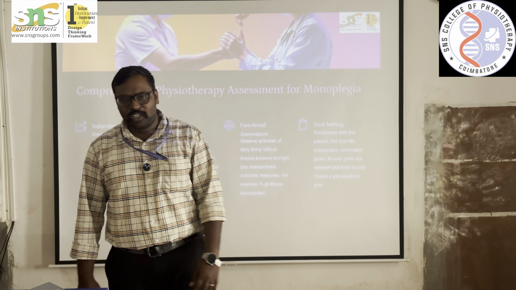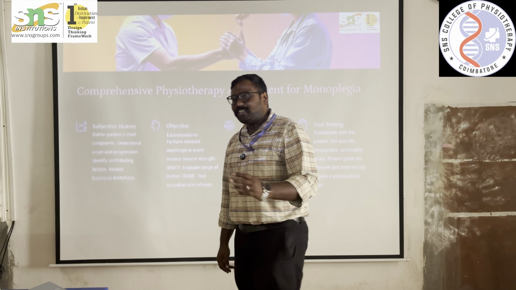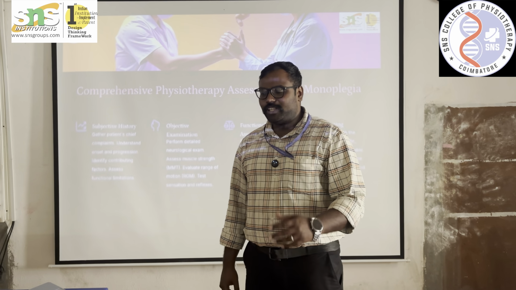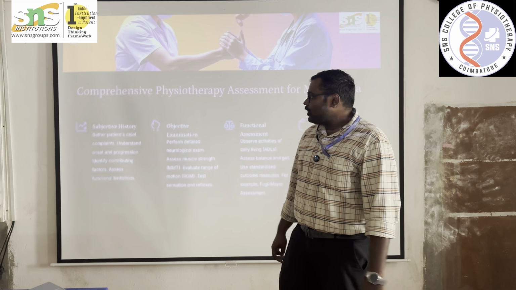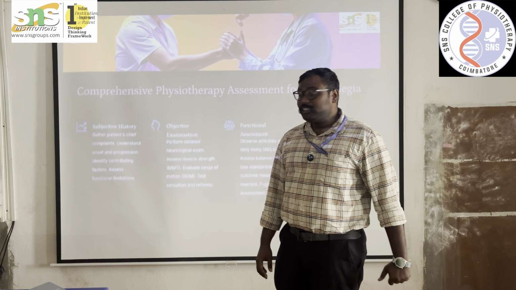Now going for the next one, the physiotherapy assessment for the monoplegia. So as we are taking this video and as we are learning for the physiotherapy, now we need to give a clear understanding about the physiotherapy assessment, how we are going to assess this patient.